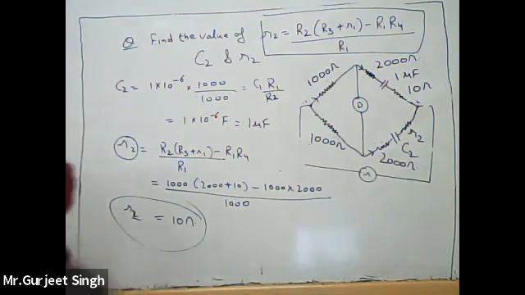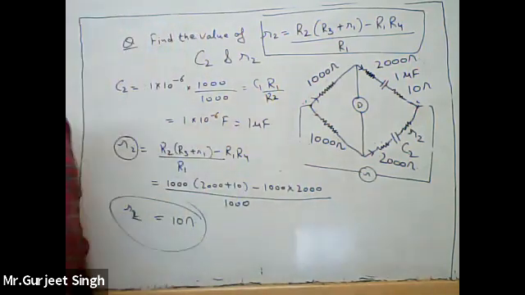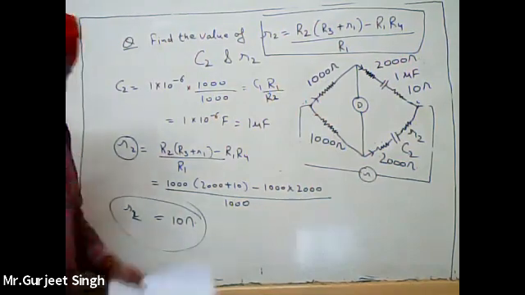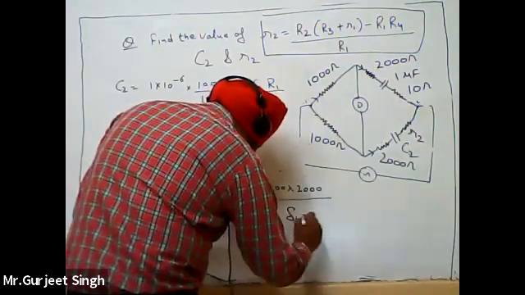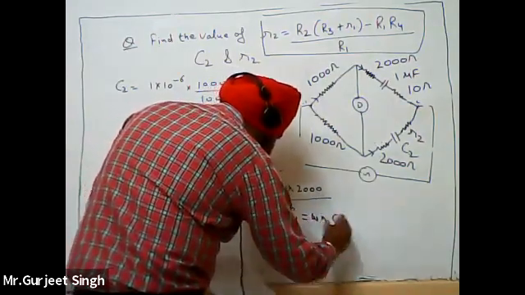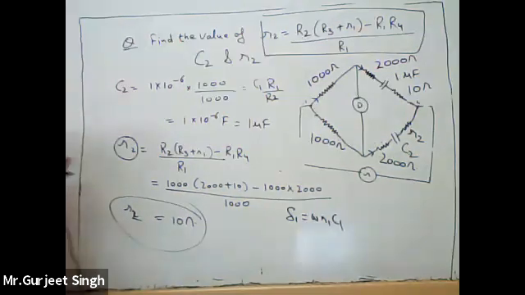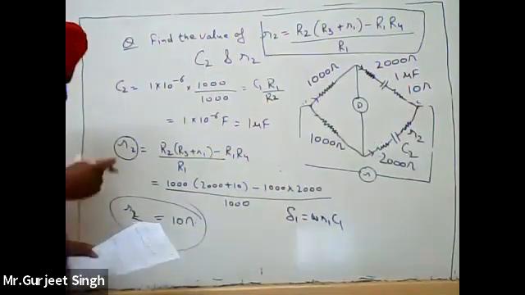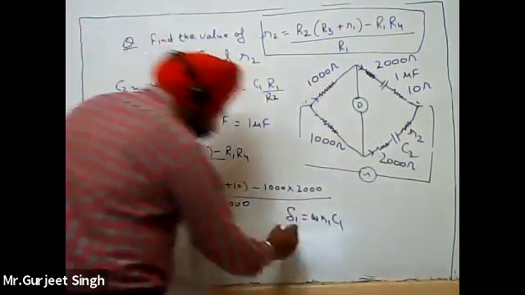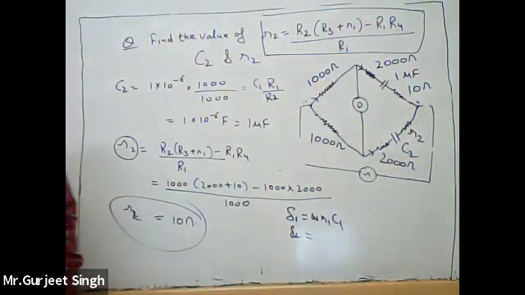In some questions, the examiner also asks to find out the phase angle error. So the formula of the phase angle error delta 1 is equal to omega R1 C1. So omega is 2 pi f, frequency. Frequency is given in the numerical, and similarly you will find out the delta 2 also, that is the phase angle error second.